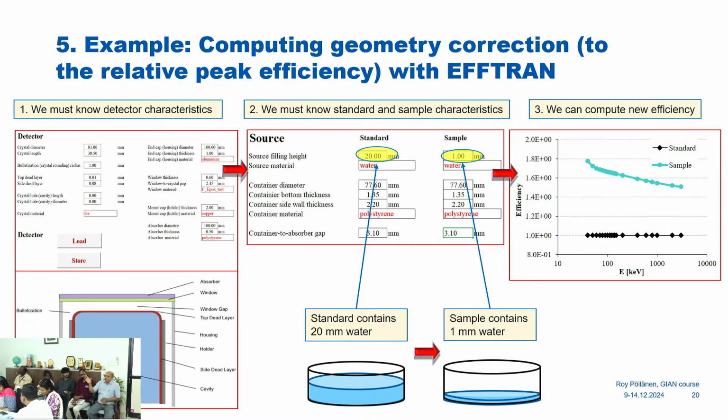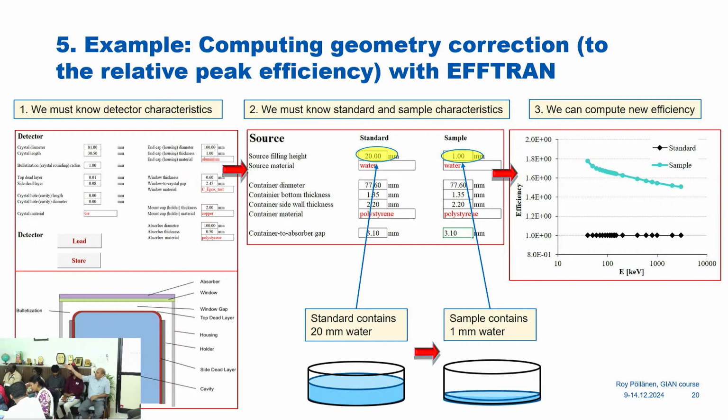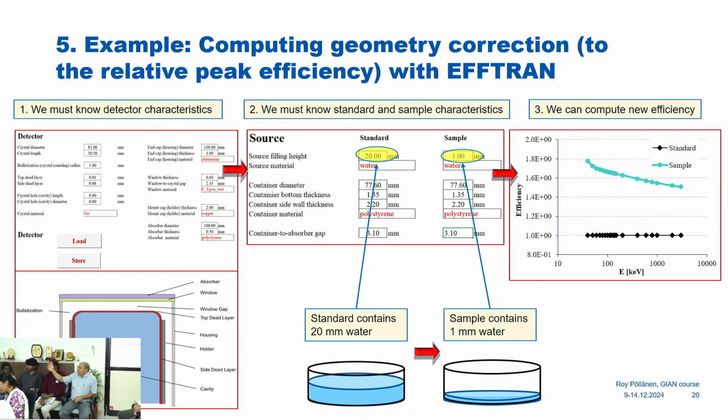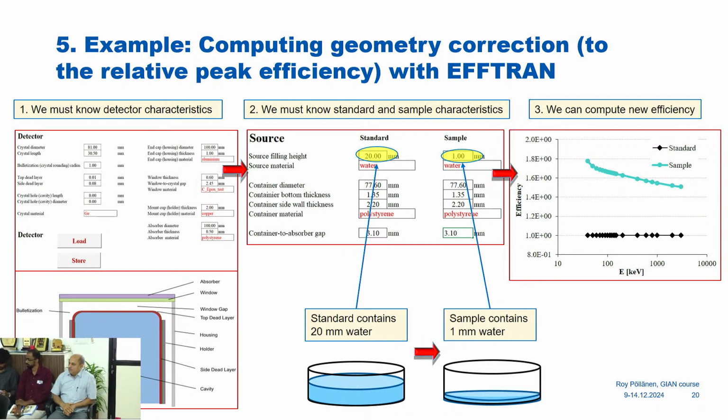You can compose the geometry you are going to use, with the corrections for the efficiency for a sample which is in another geometry. Other software also have this. This appears to be very user friendly.